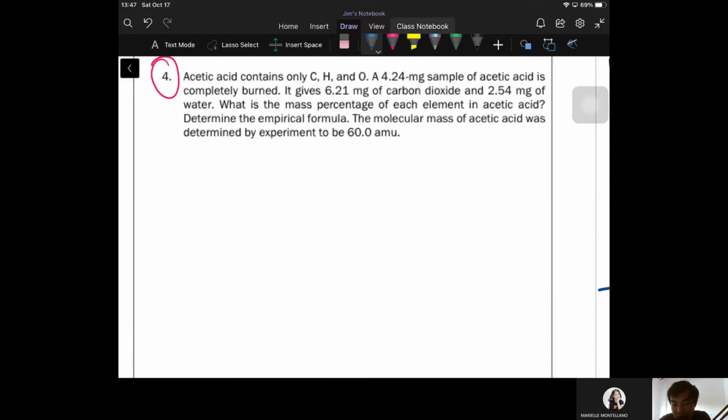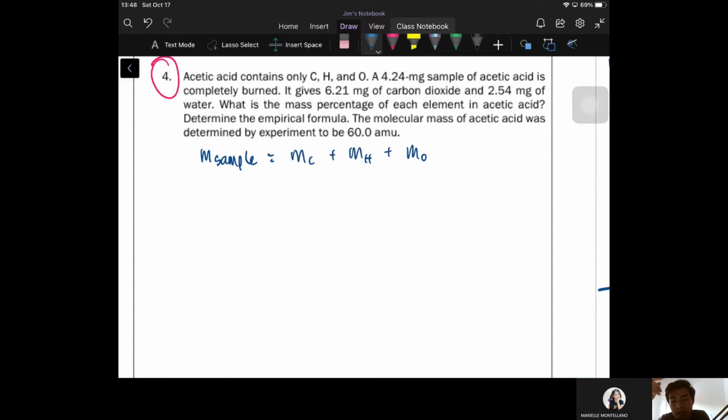Acetic acid contains only carbon, hydrogen, and oxygen. Okay, so yun. May oxygen na tayo this time. Kanina wala, ngayon meron. So paano gagawin to? Tignan nyo lang. So mass ng sample, that's mass ng carbon, mass ng hydrogen, and mass ng oxygen. Okay? So a 4.24 milligram sample of acetic acid is completely burned.